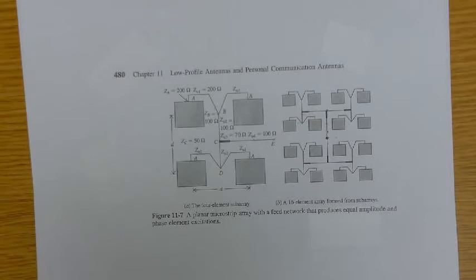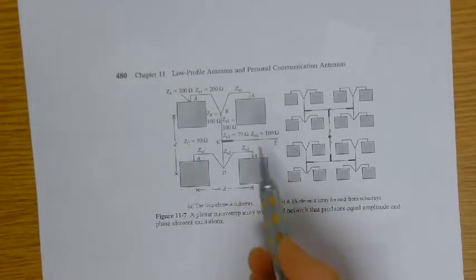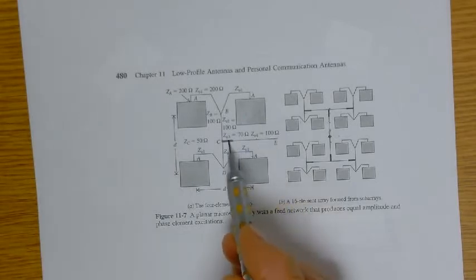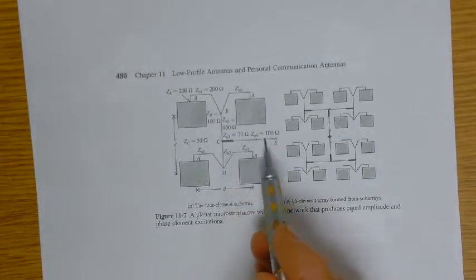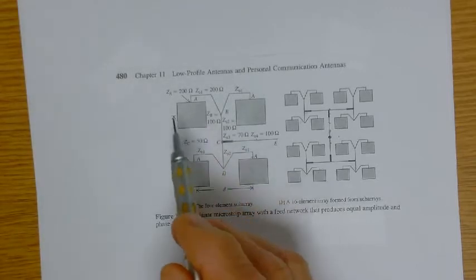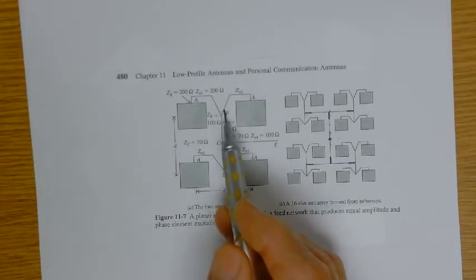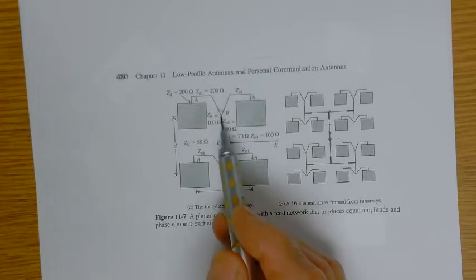Right, 4 patches. So this is a 50 ohm line. So we want the input impedance here to be 50 ohms. Right. So if that needs to be 50 ohms, looking that way and looking that way needs to be 100 ohms. If that's the case, then looking that way and looking that way needs to be 200 ohms. So looking into the patch needs to be 200 ohms.